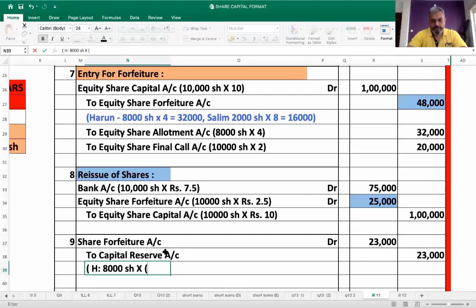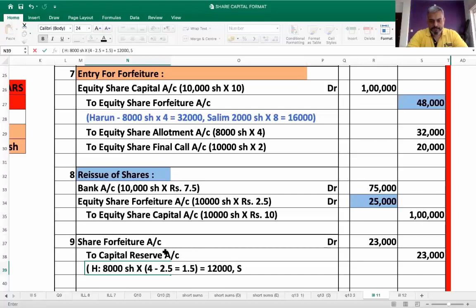So 4 rupees we forfeited, we gave a discount of 2.5, which is equal to 1.5. So 8,000 into 1.5, which comes to 12,000.